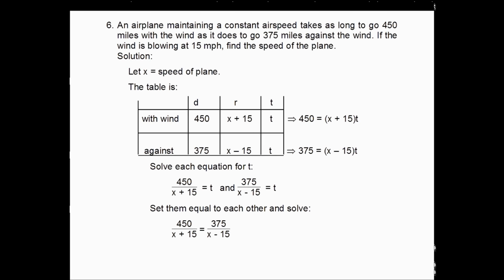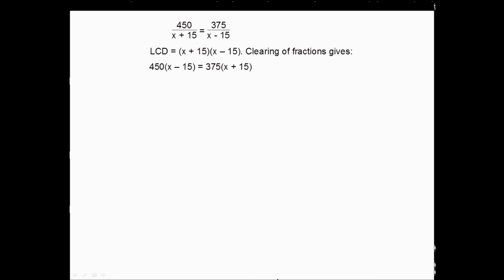My LCD is x plus 15 times x minus 15, or again, students say, can I just cross multiply? Okay. 450 times x minus 15 is equal to 375 times x plus 15. I have some distributing. 450x minus 6,750 is equal to 375x plus 5,625. Variables to the left, numbers to the right.